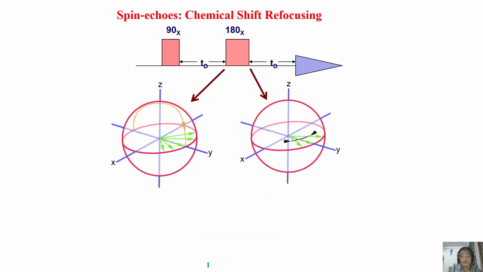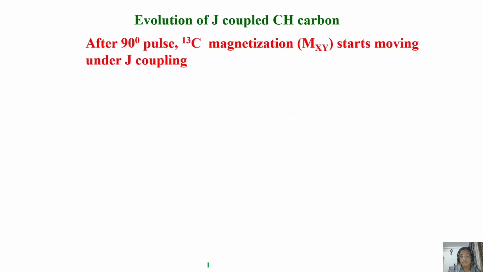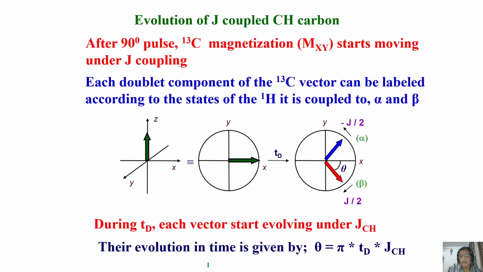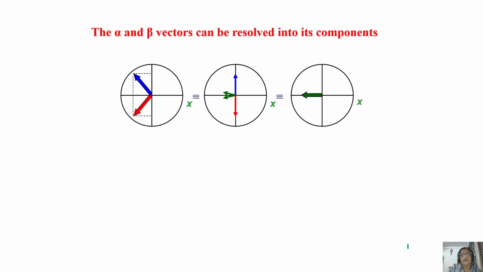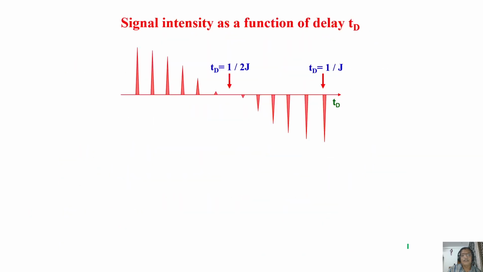When it is 180 degrees, what happens? Like that, you can keep on monitoring the signal intensity. I plugged into this equation pi Td into JCH and found out what happened to the magnetization as a function of Td. We observed what is happening for a CH vector.